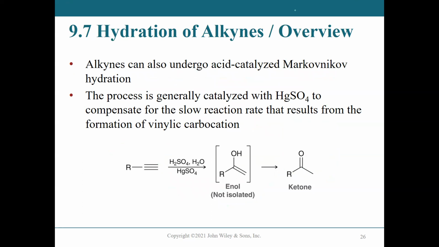So that would be another good time to take a break, because now we will do the hydration of alkynes. All right, next we have the hydration of alkynes. If we recall from alkenes, we have 3 types: acid catalyzed, oxymercuration, and hydroboration.